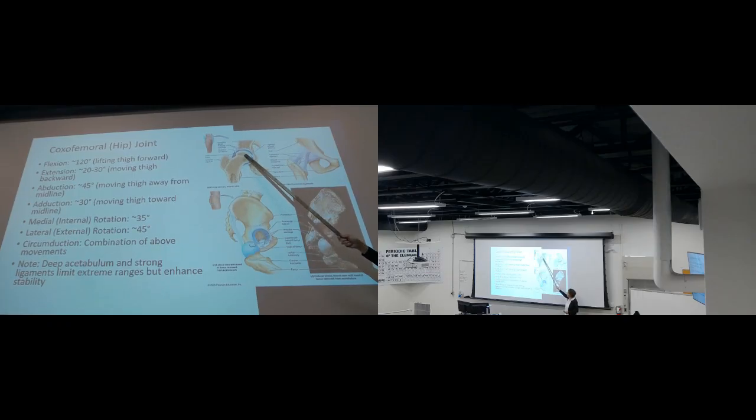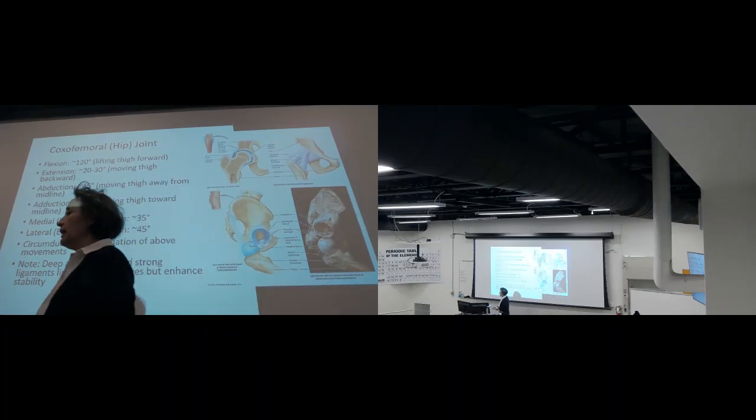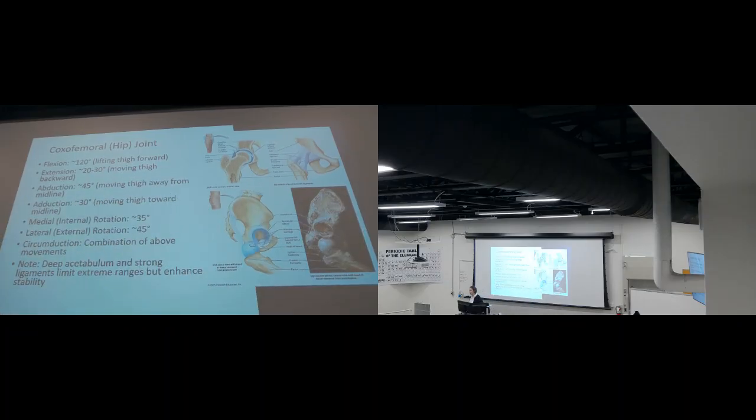And the head of the femur itself, which is this, also can lack blood supply. And this type of problem is called avascular necrosis. So necrosis is cell death, and avascular, lack of blood supply.